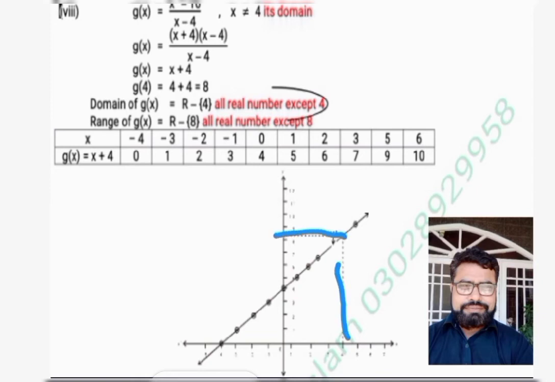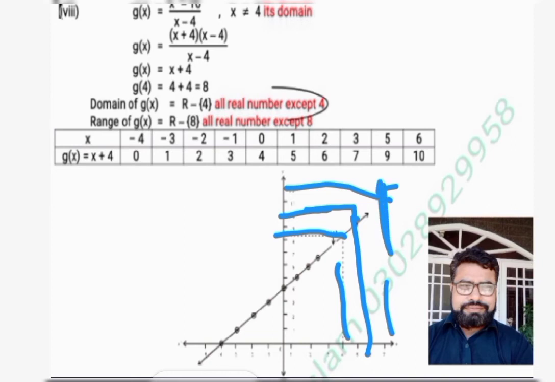The value of x is 5 and the value of y is 9, so we have plotted a point here. Similarly at 6 there is 12, so we have plotted a point here.